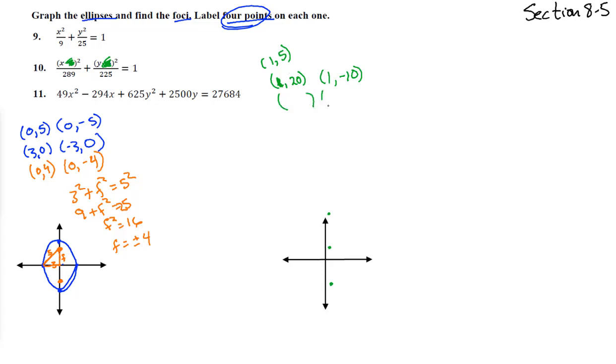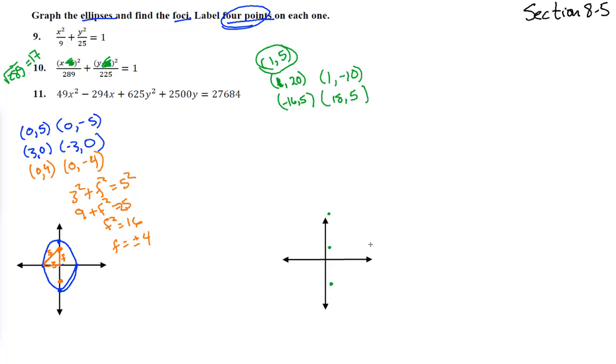Now on the x, how far do we go? If we eliminate this guy, square root of 289. That turns out to be 17. So we've got to go on the x's down 17, so that's negative 16, 5 from this point right here. Remember that right there is our center. And then up 17, so that's 18, 5.